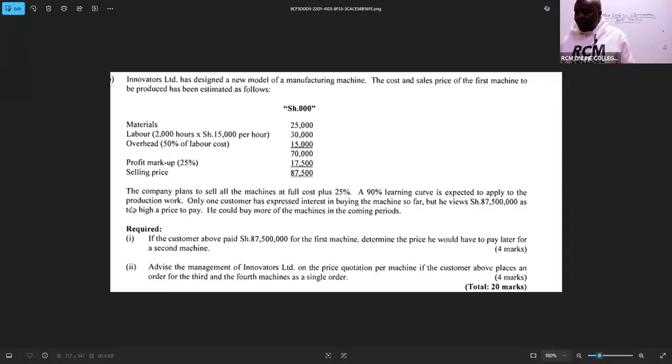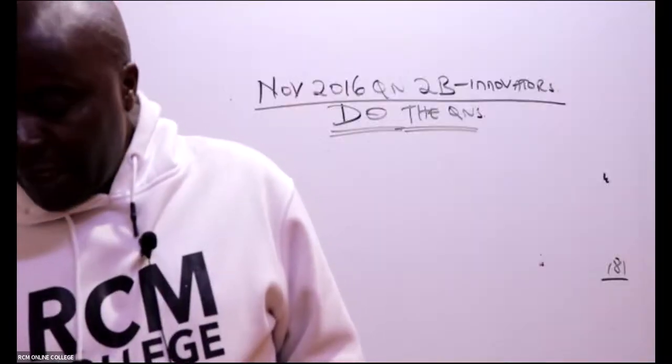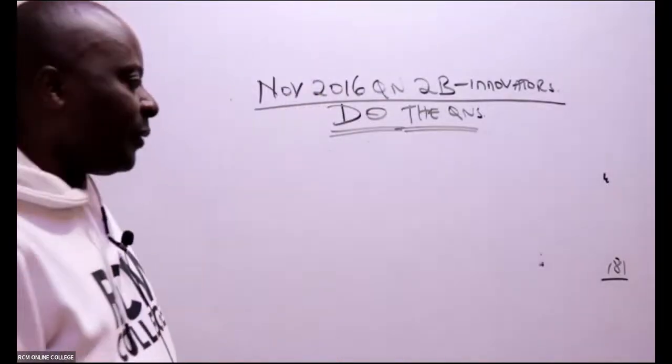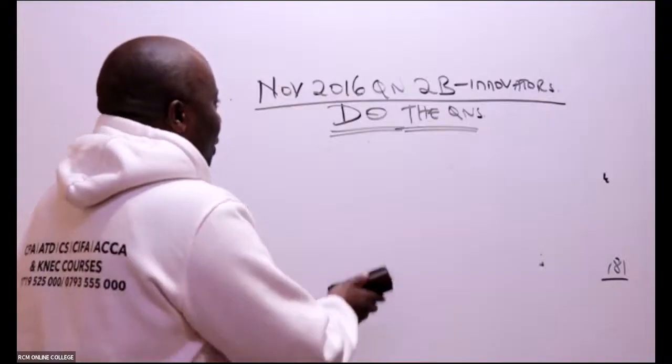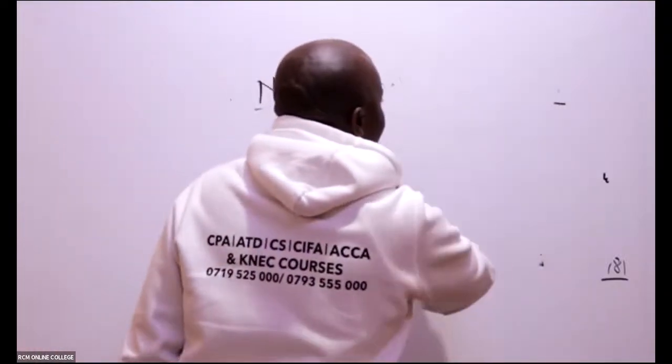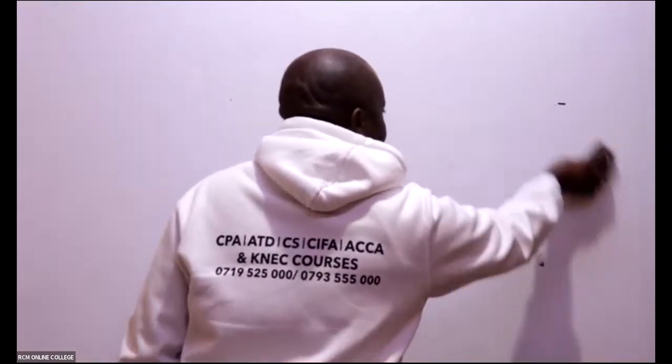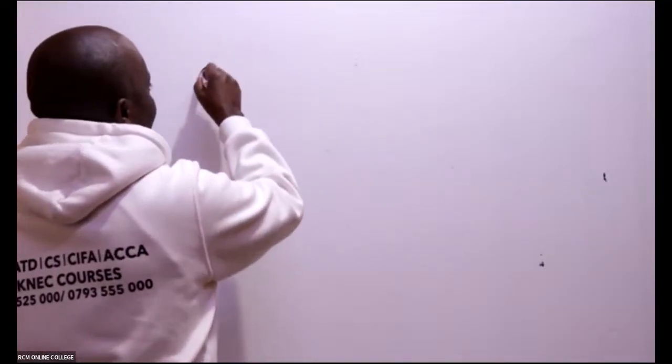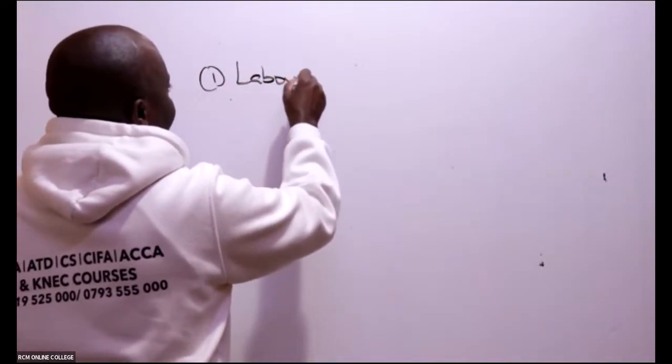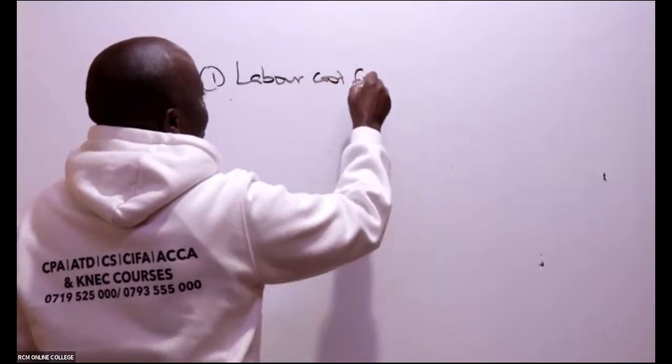So then, the very first preambles that I would have done are these. Please listen, we shall not do so many questions here. Only one question should be able to break the entire ceiling for us to get into the realm of these learning curves. So we are estimating, in number one, labor cost for second machine.